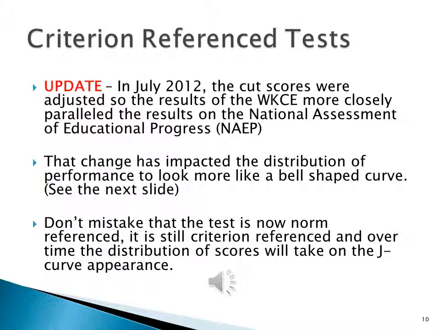So what was done was they correlated the scores from the WKCE to match more closely to similar performance on the NAEP. That change has impacted the distribution of performance, and it looks a little bit more bell-shaped currently. Don't mistake that this test is now norm-referenced because the distribution is more normal. It's still a criterion-referenced test, and over time, the distribution will shift and take on that J-curve appearance.